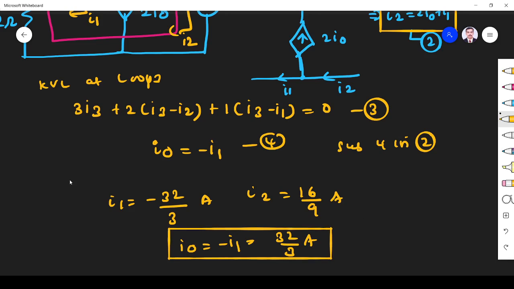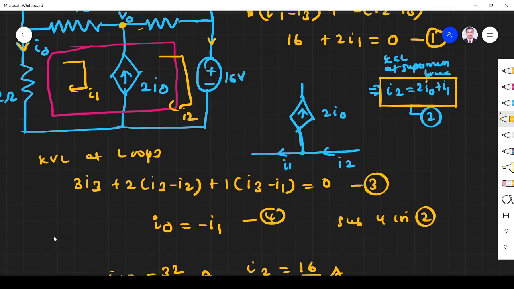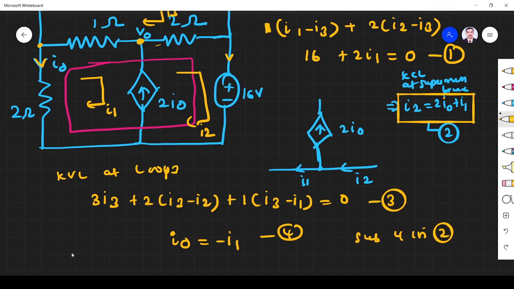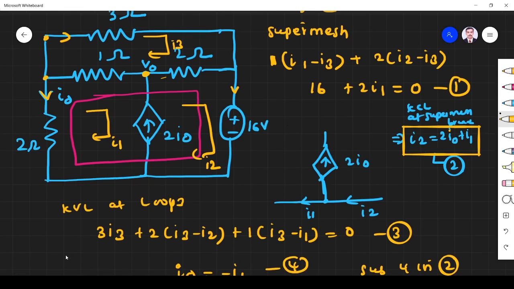So you see in this branch, I apply KVL in this branch. This 2I1, here I1 minus I3. So 2I1 plus (I1 minus I3) is equal to V0.